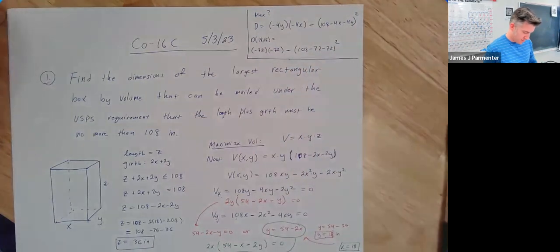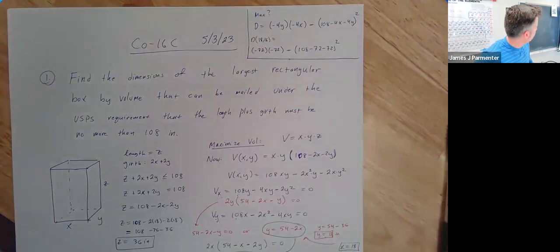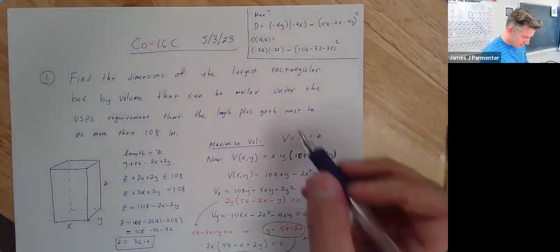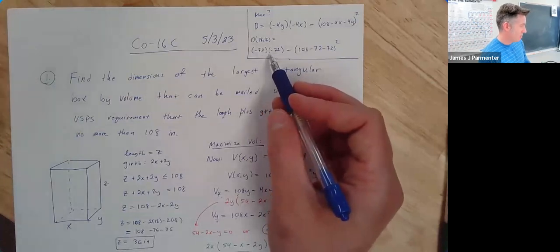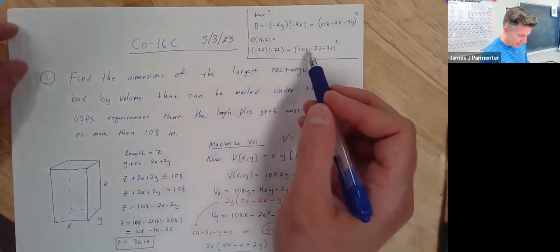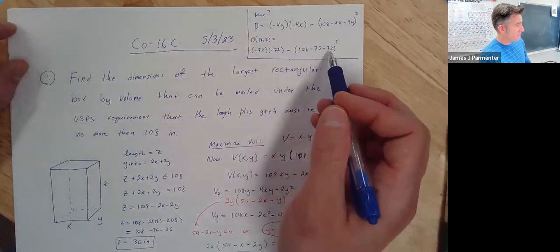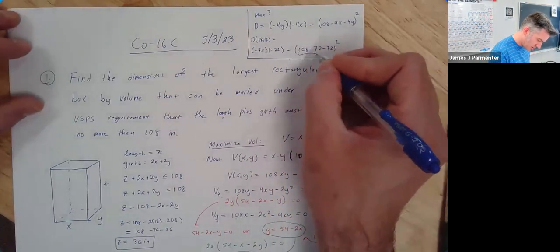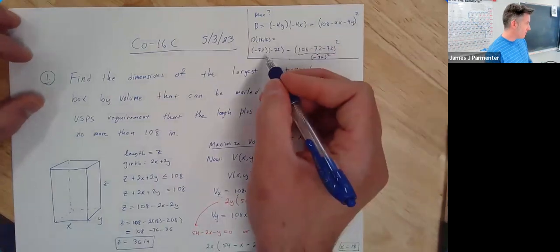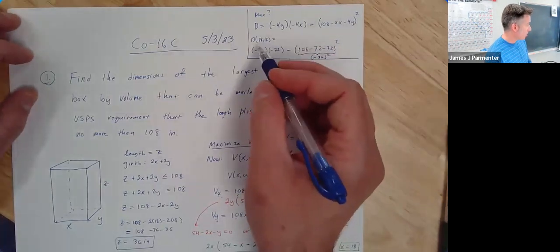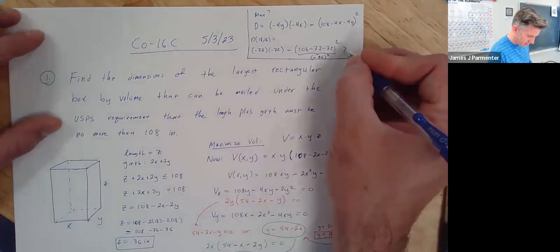All right, is this positive or negative? 72 times 72 is 4,900 something. 108 minus 72 is 36, minus another 72 is negative 36. So this is a negative 36 that's getting squared, and this is a negative 72 that's getting squared. And since that's bigger, this whole thing is going to be positive.